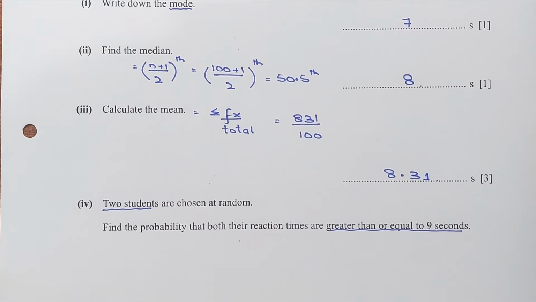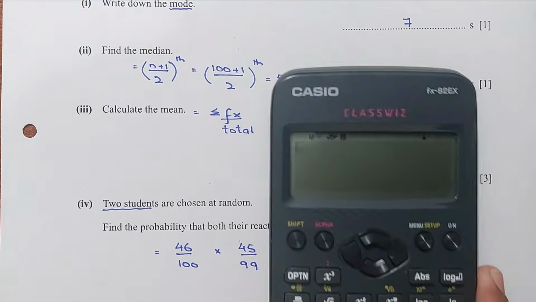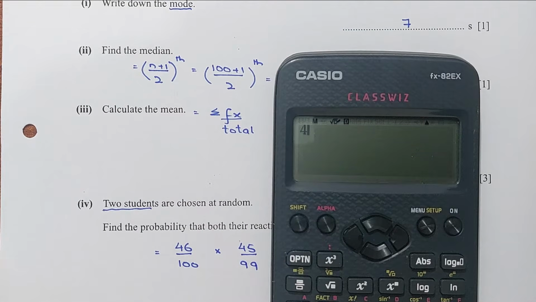So 2 students are chosen at random. We need to find the probability that both of their reaction times are greater than or equal to 9 seconds. So for the first student it is 46 out of 100, and for the next, 45 out of 99. This is the probability. Now let me calculate 46 divided by 100.